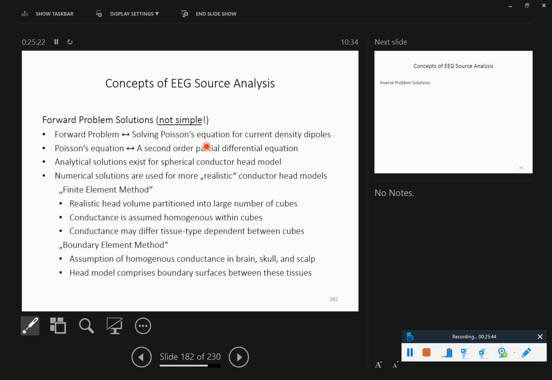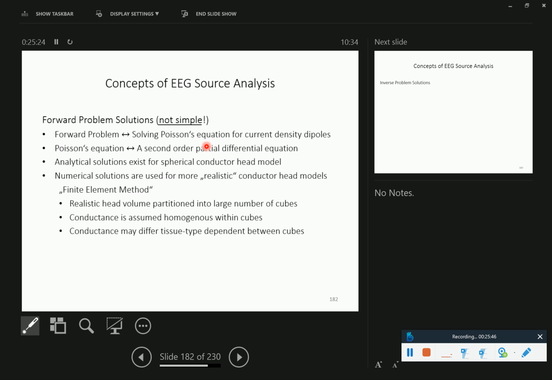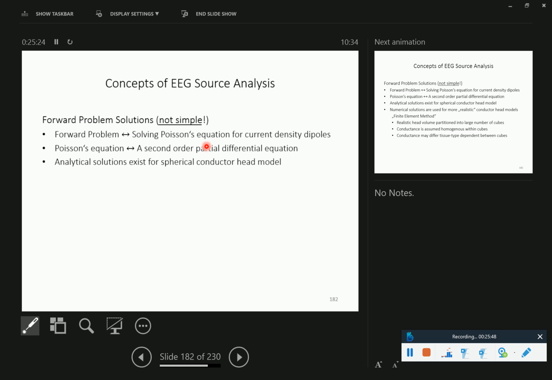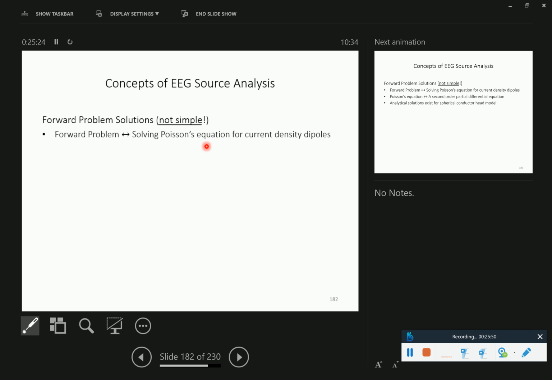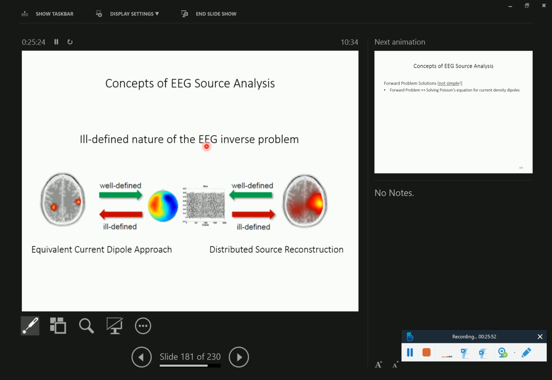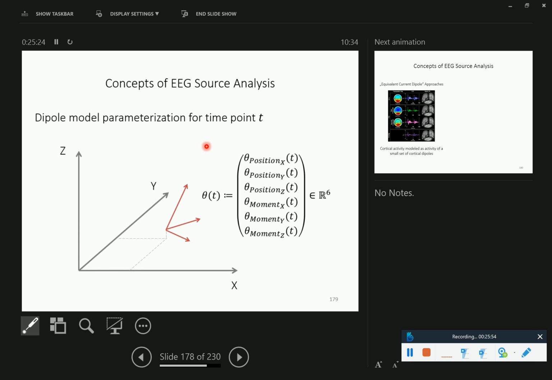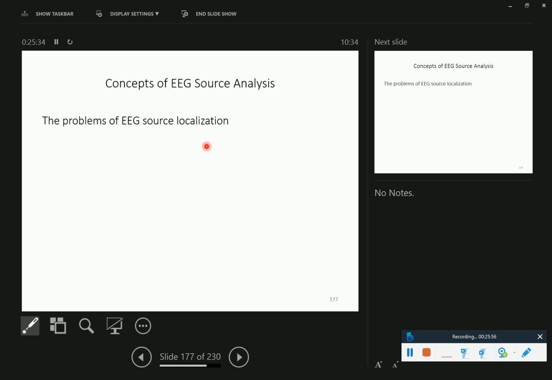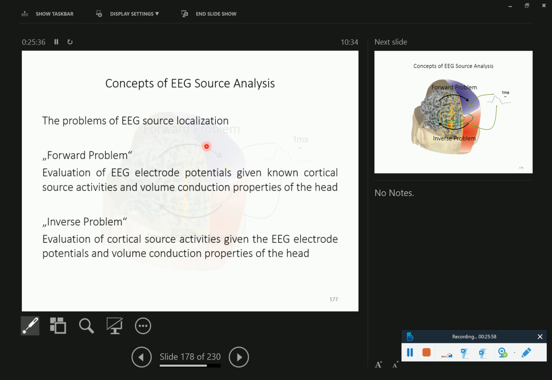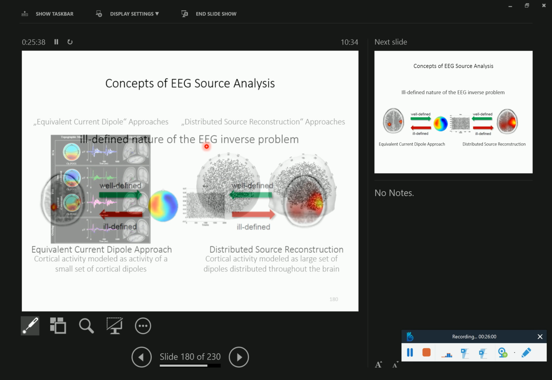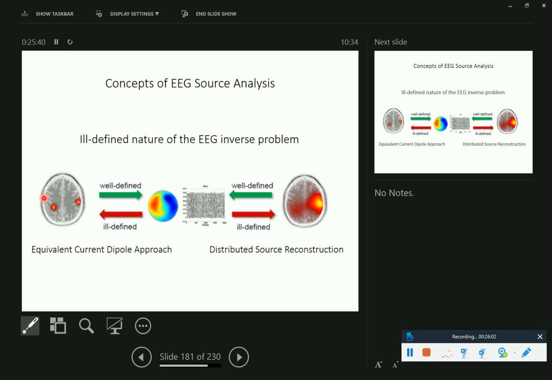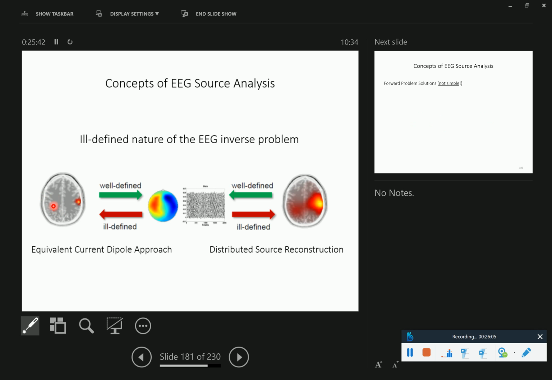And this is how you get, so I don't think I have a picture for this, actually how you get from a representation like this to a representation like this.